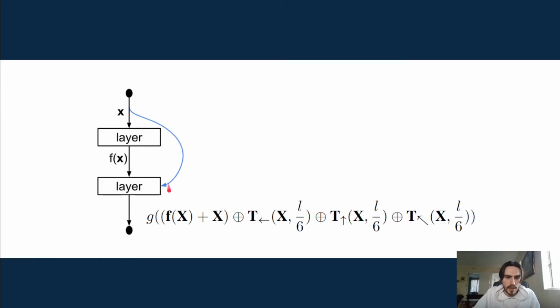So the skip is represented by this equation. We get g of f of X plus X, so that's just a normal skip connection, and then we concatenate on the skipped input translated by some factor, left, up, and diagonally. This factor, this L here at the top of the factor, represents the layer that we are in the decoder of the network.